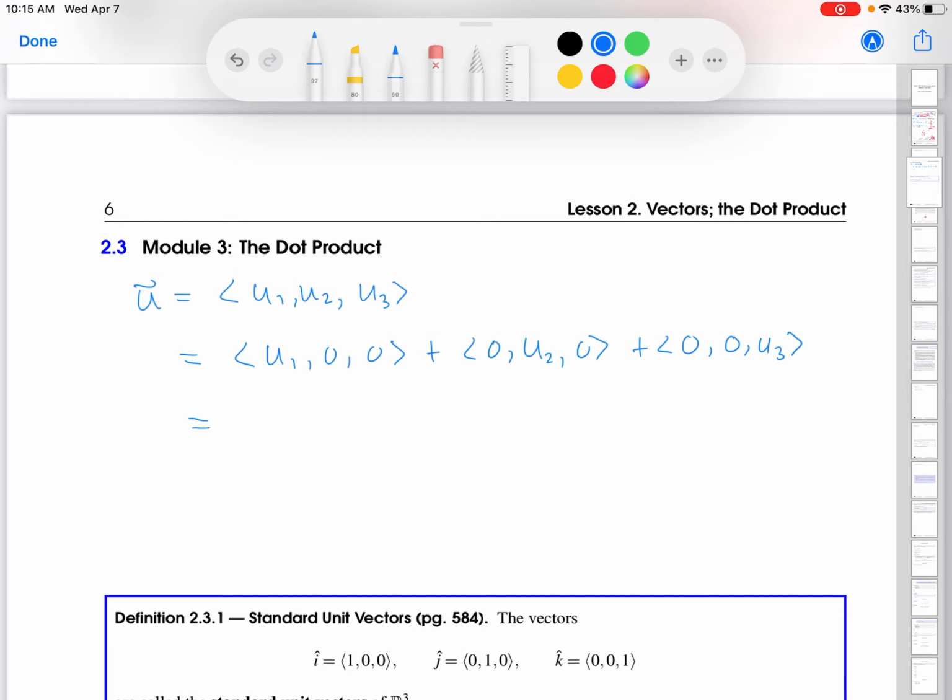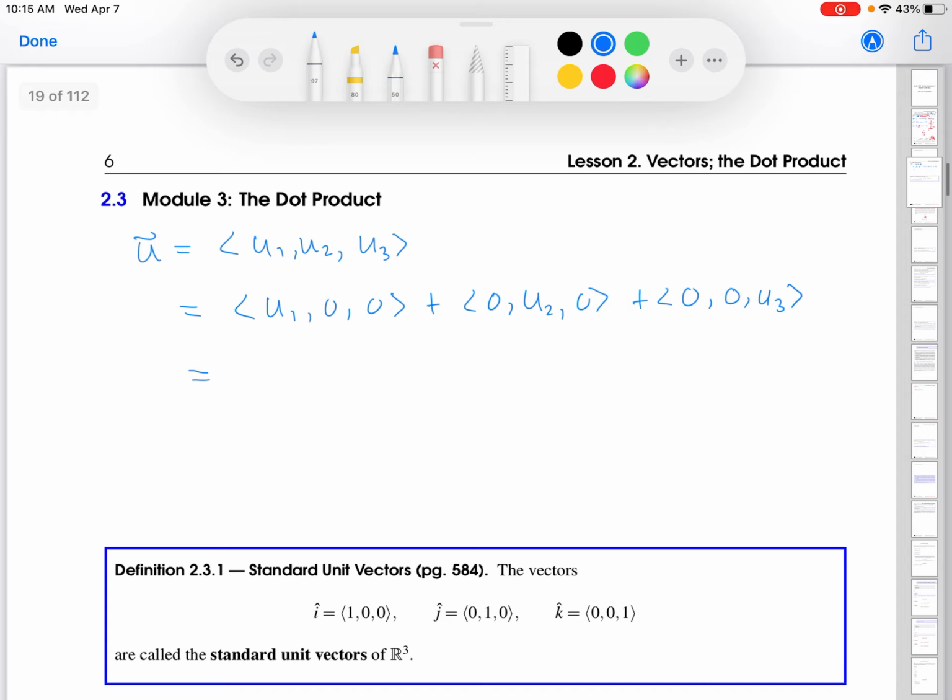And then I'm going to do the same thing with the scalar portion of that definition, the third part. I'm going to pull out this u1 and express this sum in terms of a sum of three very special vectors, which we are very shortly going to give names.